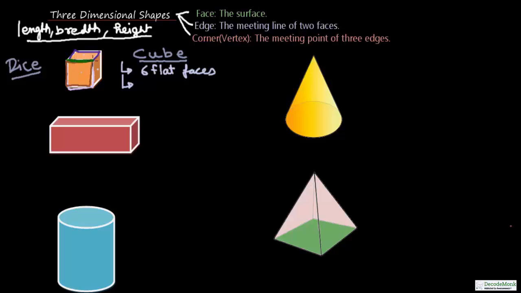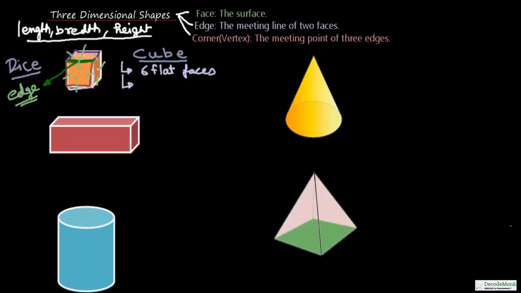I have colored that green. This is called the edge. How many edges are there? You see that 1, 2, 3, 4, 5, 6, 7, 8, 9, and then on the back 10, 11 and 12.